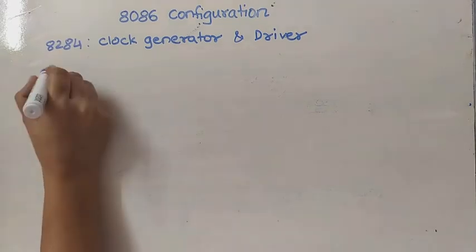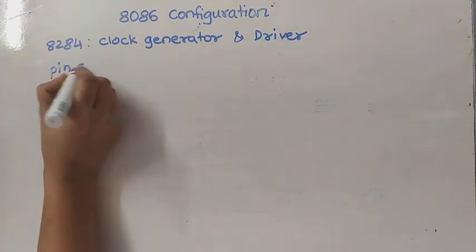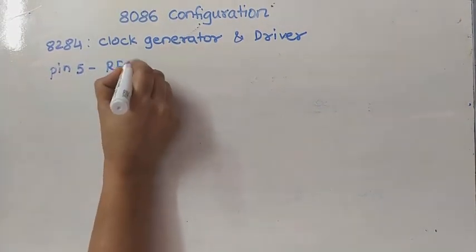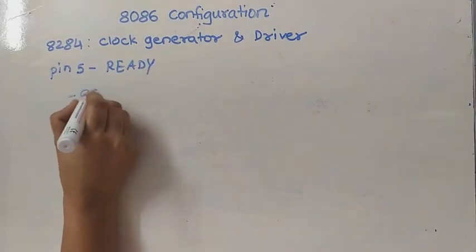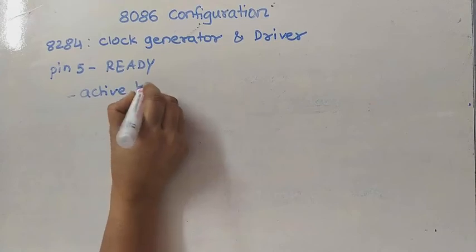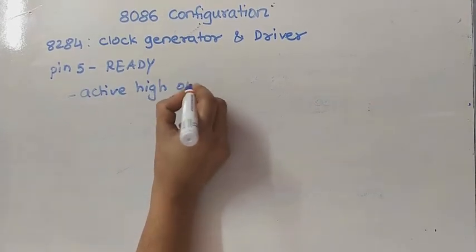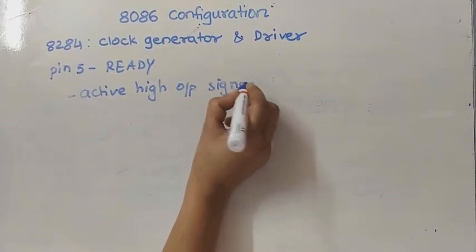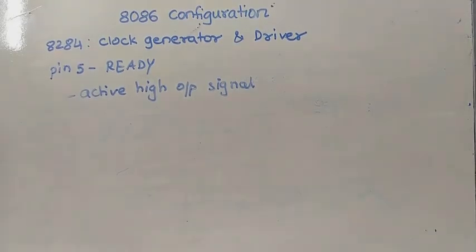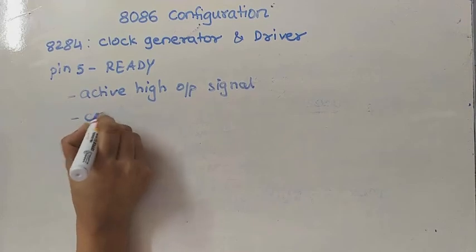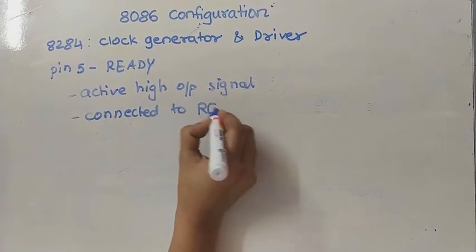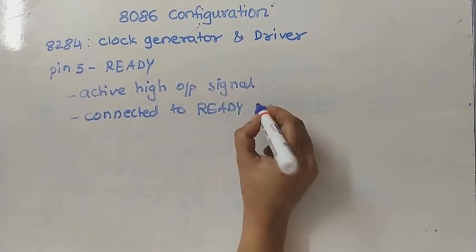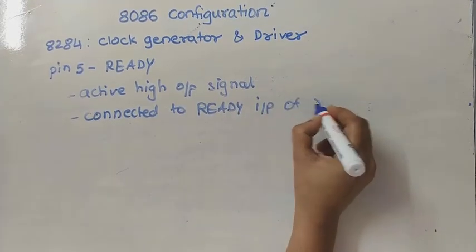Next is pin number 5. This is the ready pin. This is an active high output signal, meaning we get an active high output signal on this pin number 5. It is connected to the ready input of 8086.